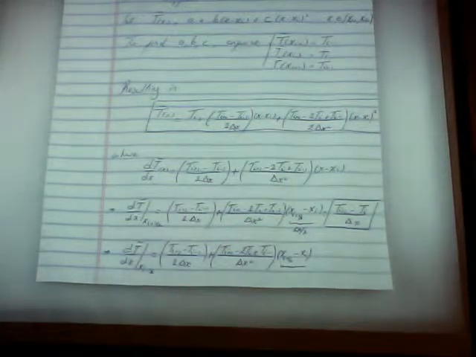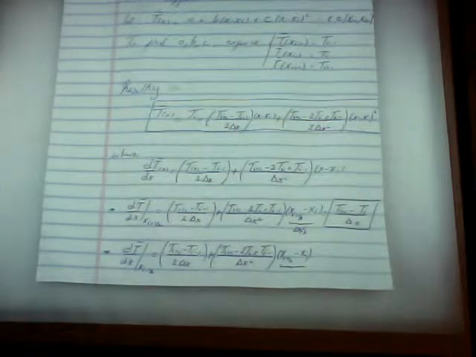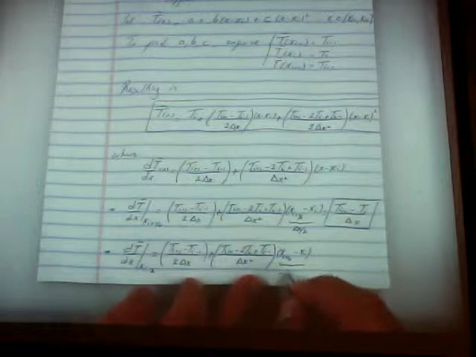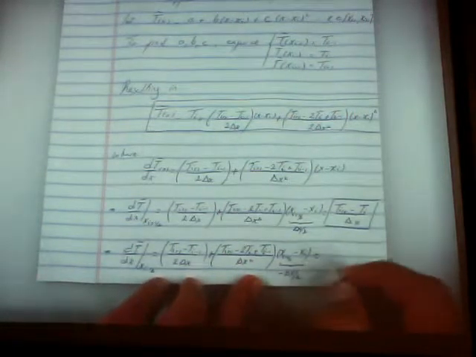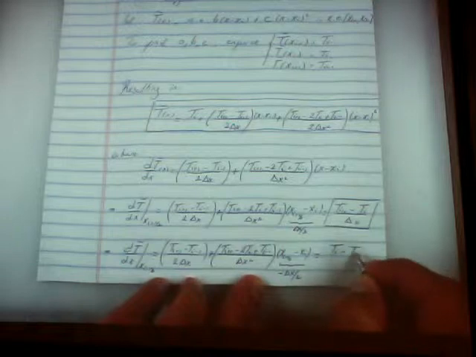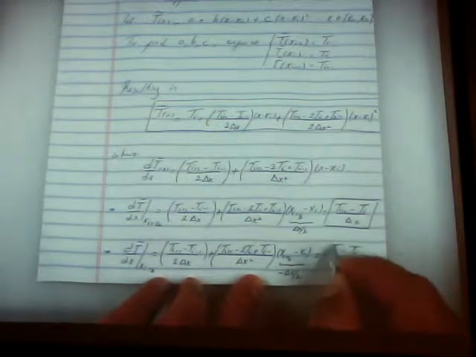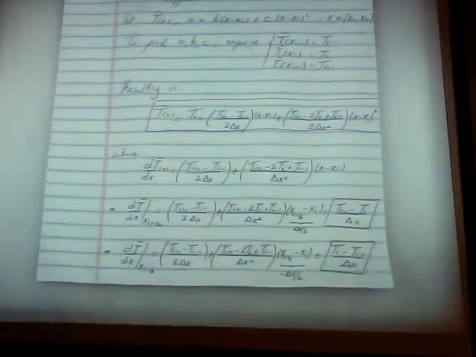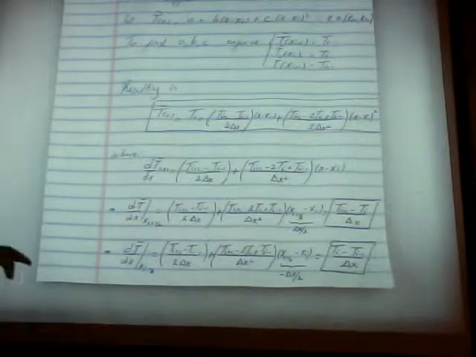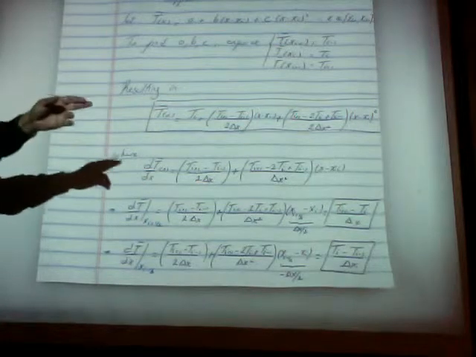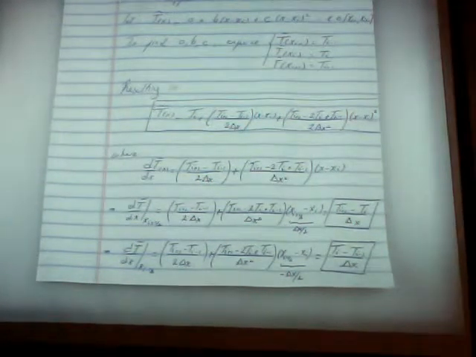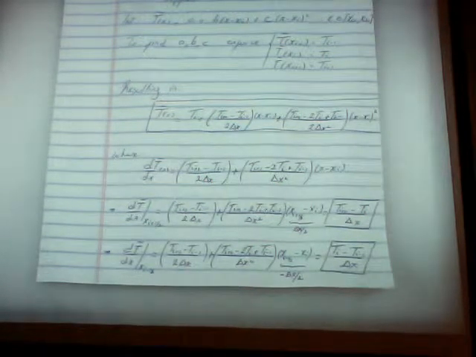Still delta x over 2. Negative, right? This coordinate minus this coordinate gives you a negative number, minus delta x over 2. So that equates to T_i minus T_{i-1} over delta x. No surprise again, the derivative of the temperature halfway between the center and the left is basically the temperature of the center minus the temperature of the left divided by the distance between them. It's a first order approximation of the first derivative. All right, so we have the fluxes.